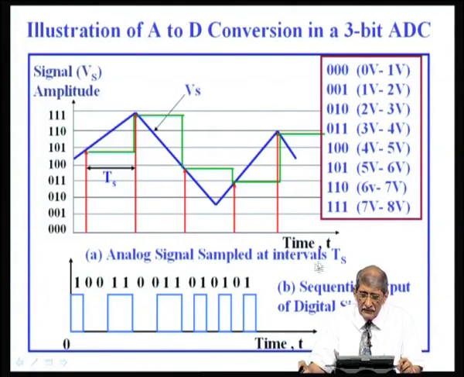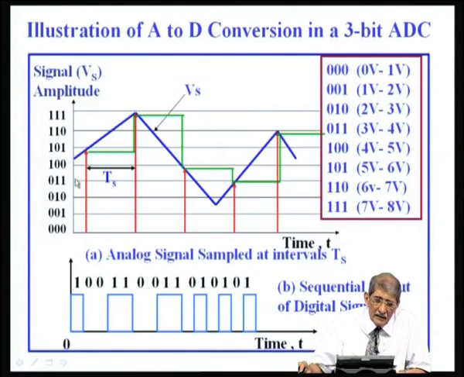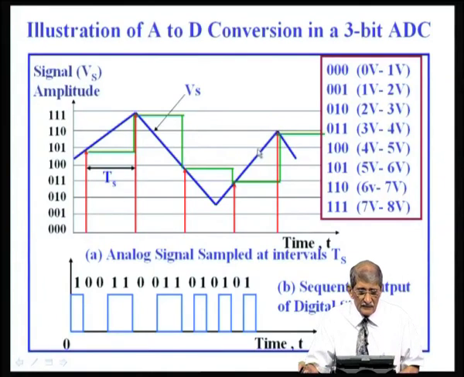Like that it will go on. This sequential output represents how much is the digital output corresponding to this one, then the next, that is 011, next corresponding to this 010, and then 101.